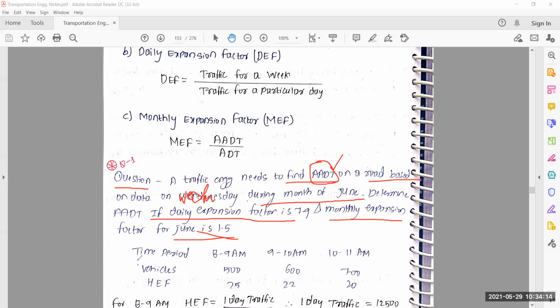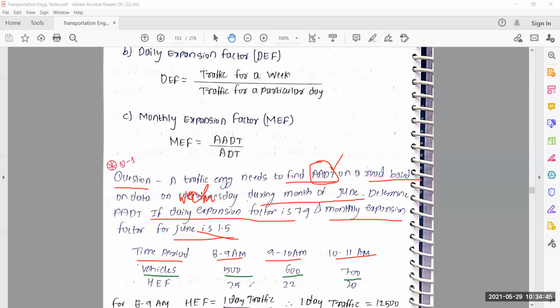Also, the time period for a particular hour is given: 8 to 9 a.m., 9 to 10 a.m., and 10 to 11 a.m. That means the total number of vehicles, or total traffic flow, is given: from 8 to 9, 500 vehicles will pass; from 9 to 10, 600 vehicles will pass; from 10 to 11, 700 vehicles will pass.